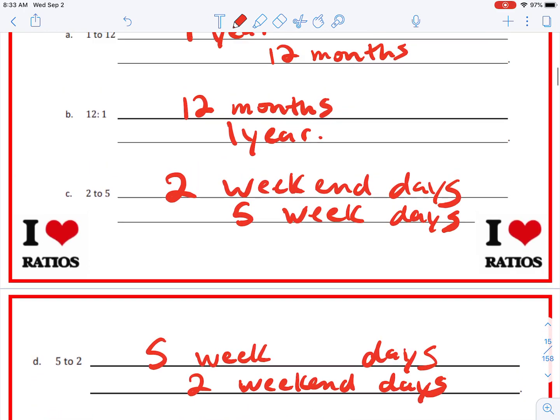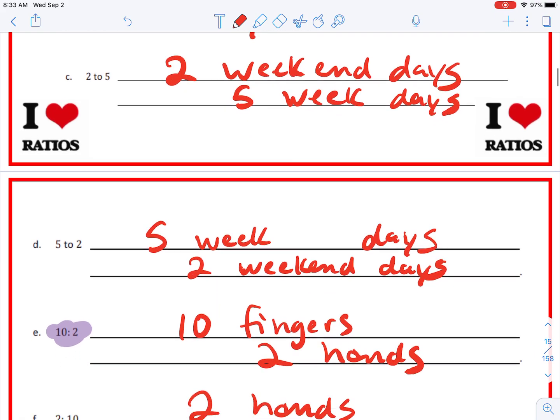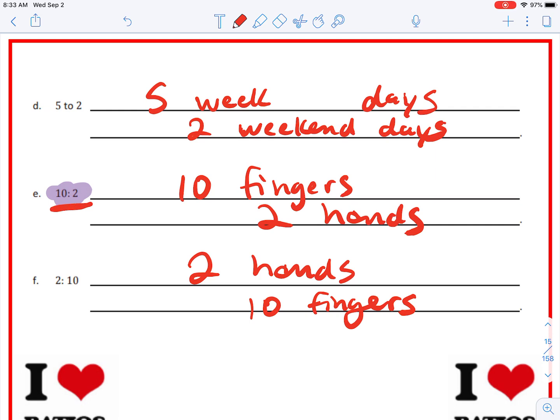That's why it's very important to have your ratios in the correct order. Because comparing fingers to hands is very different than comparing hands to fingers. So if you're asked to tell me the ratio of hands to fingers and you give me 10 to 2, you're wrong, because that 10 to 2 is the ratio between fingers to hands, not hands to fingers. Okay, so order is very important, so be careful.